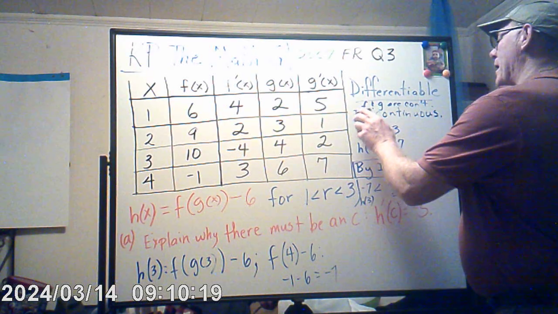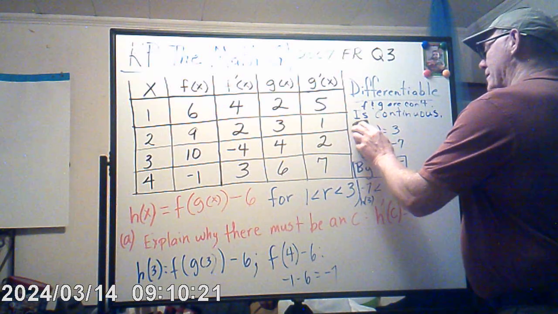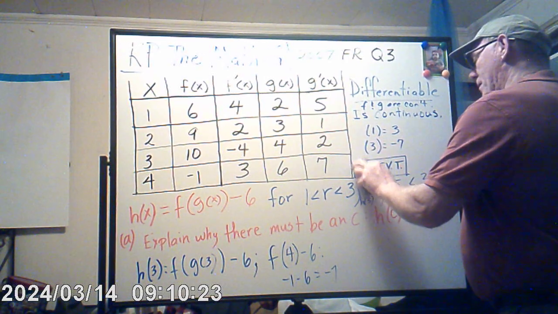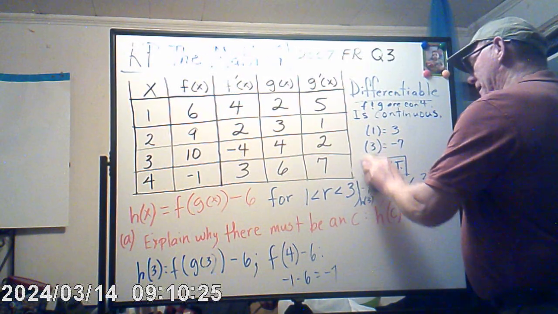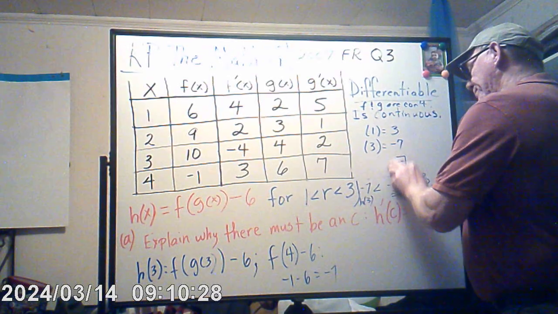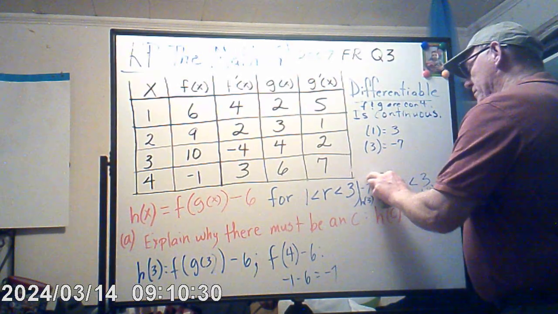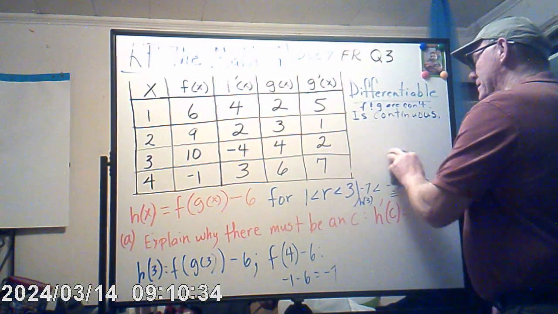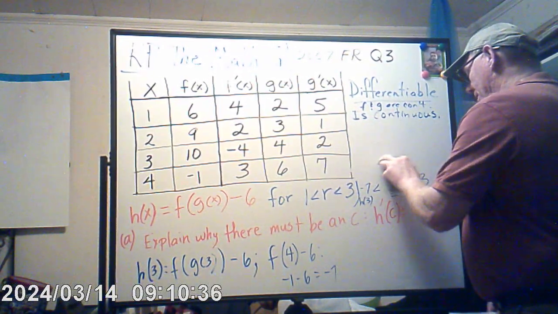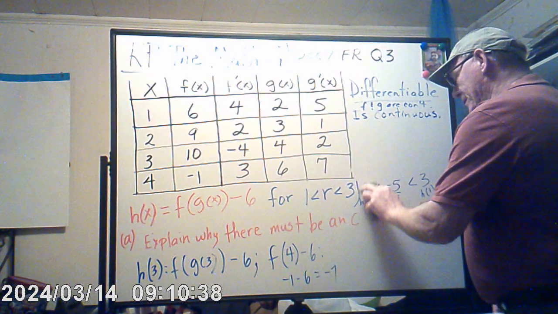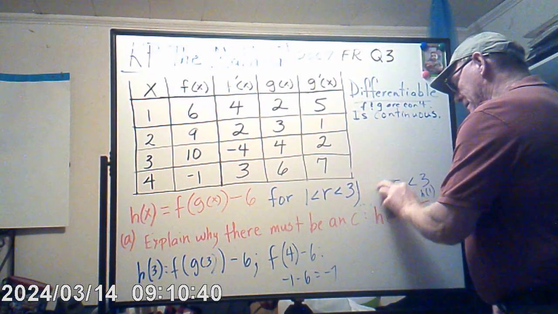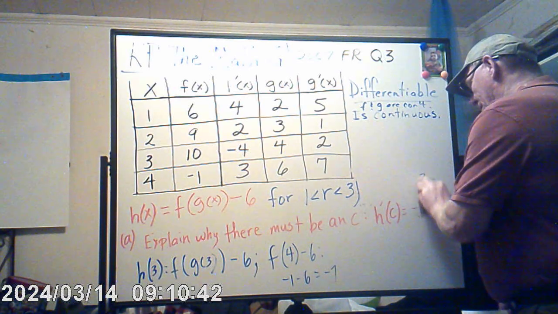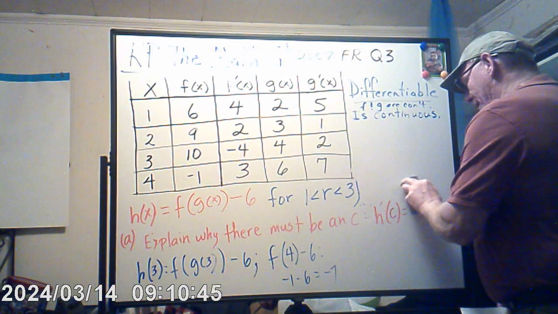This is why I really like this problem. Now, here's what you don't want to do. You don't want to find h prime. Don't do that. What you want to do is apply the mean value theorem.